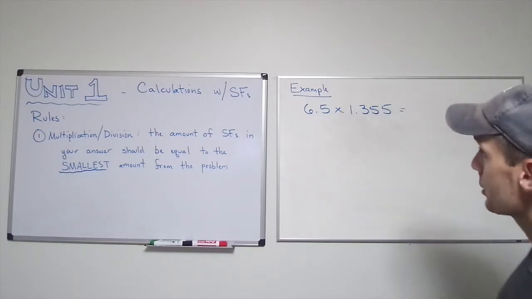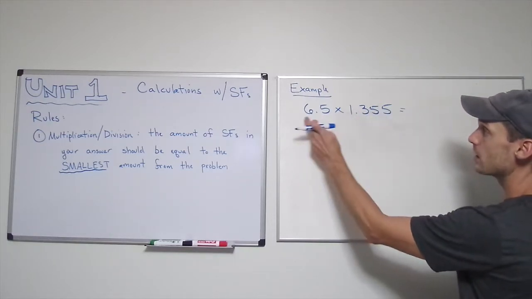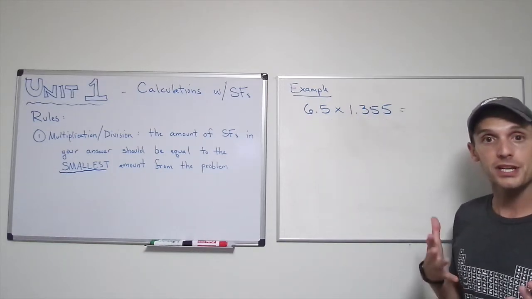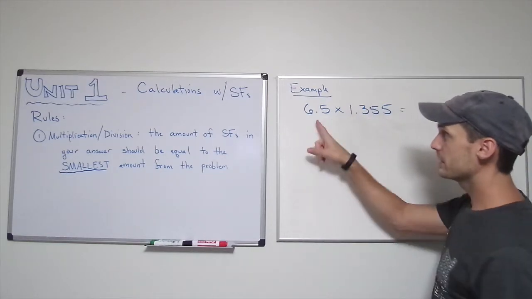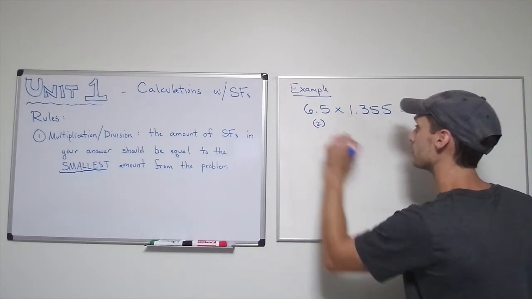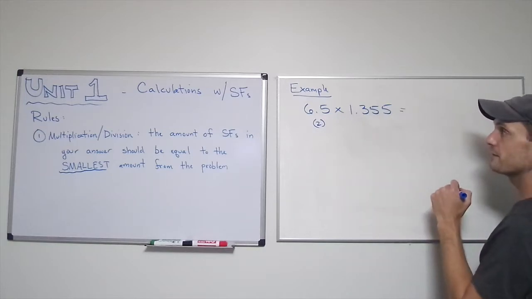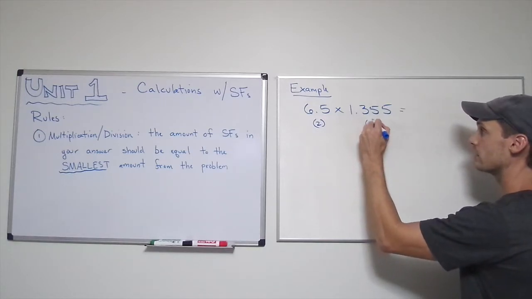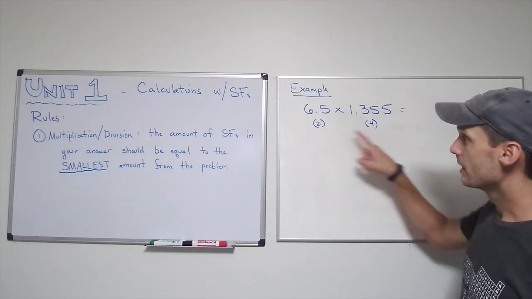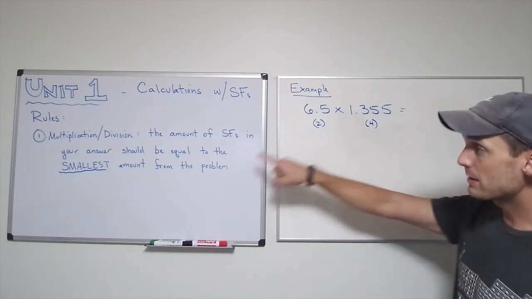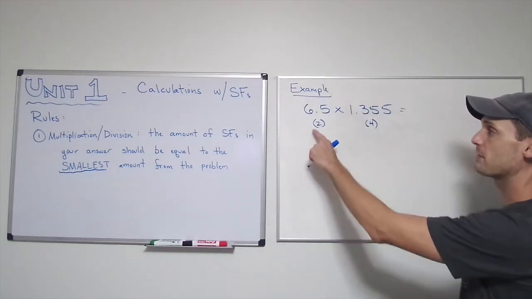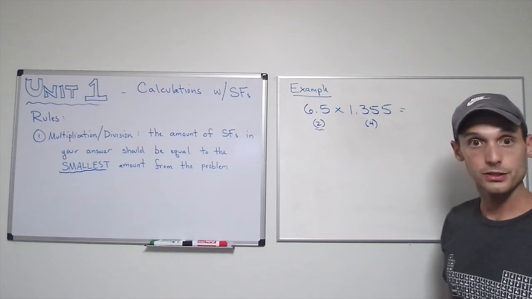So for multiplication, how that works out is we will look at the total number of SigFigs from each number in the problem. So how many SigFigs does 6.5 have? 2. How many does 1.355 have? 4. So when we calculate this, our answer can only have the amount of SigFigs equal to the smallest amount from the problem. That is, of course, 2.